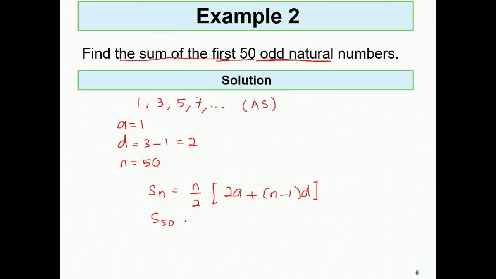So we have 50 over 2 because we want to find the first 50 terms, times (2 times 1 plus (50 minus 1) times 2). Simplify the calculation. We have the answer equals 2,500. So the sum of the first 50 odd numbers is 2,500.